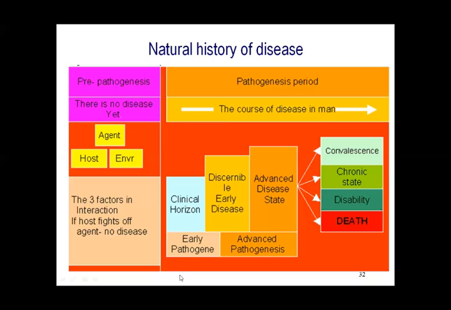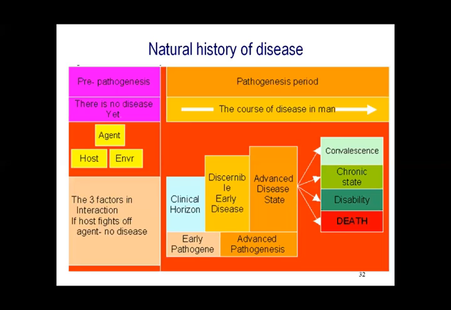For example, in the beginning, let's see in the clinic, first is the early pathogenesis, and then there will be the early disease. If it is not treated and these factors are not good, what will happen? The disease will change to advanced pathogenesis, and then the advanced disease state will end in either convalescence, a chronic state, disability, or death. So these four outcomes will be there.